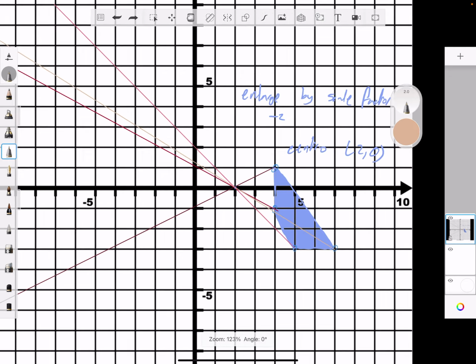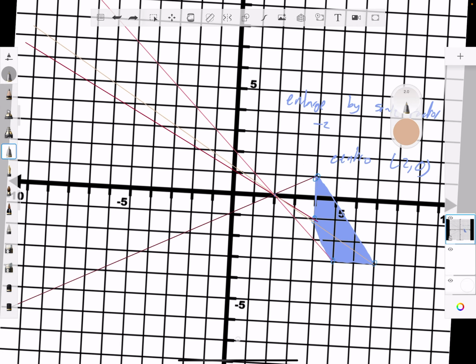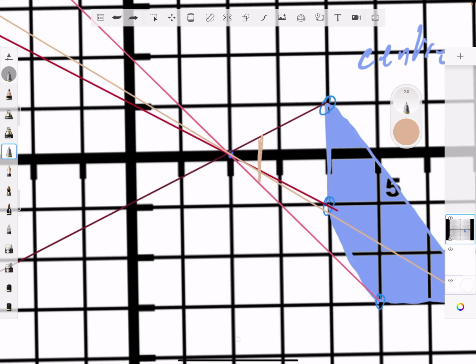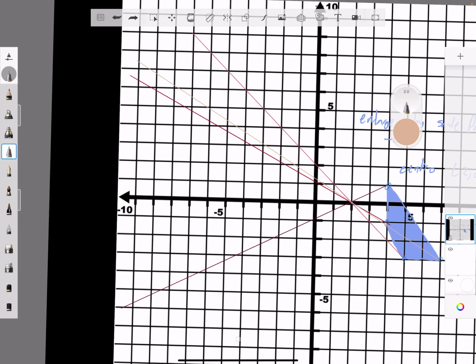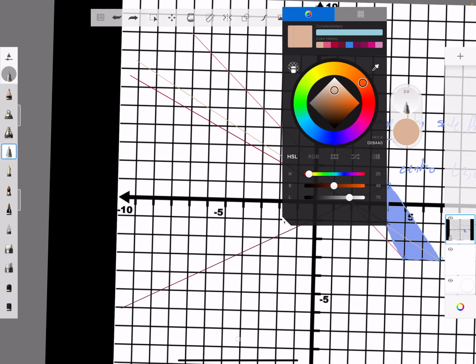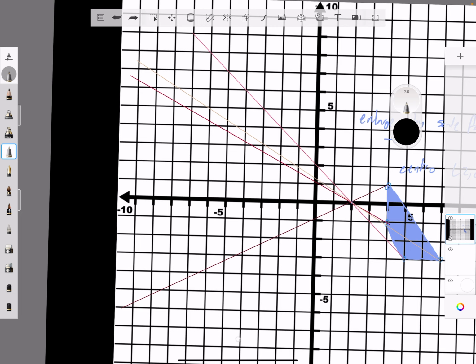So the minus scale factor basically ensures that it's not going to be on this side of the graph, right? It's not going to be a smaller version over here, but instead you'll get an upside down flipped version on this side. So it would end up looking something like this, right?